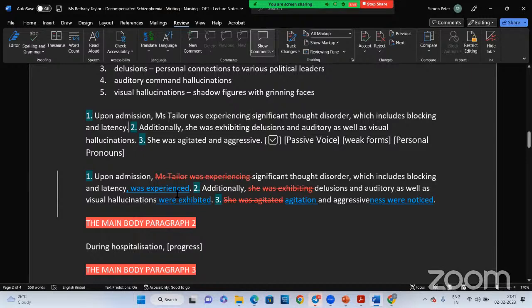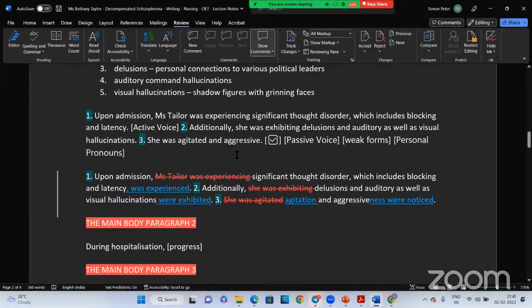This is active voice. She was exhibiting, this is passive voice. She was experiencing, active voice.